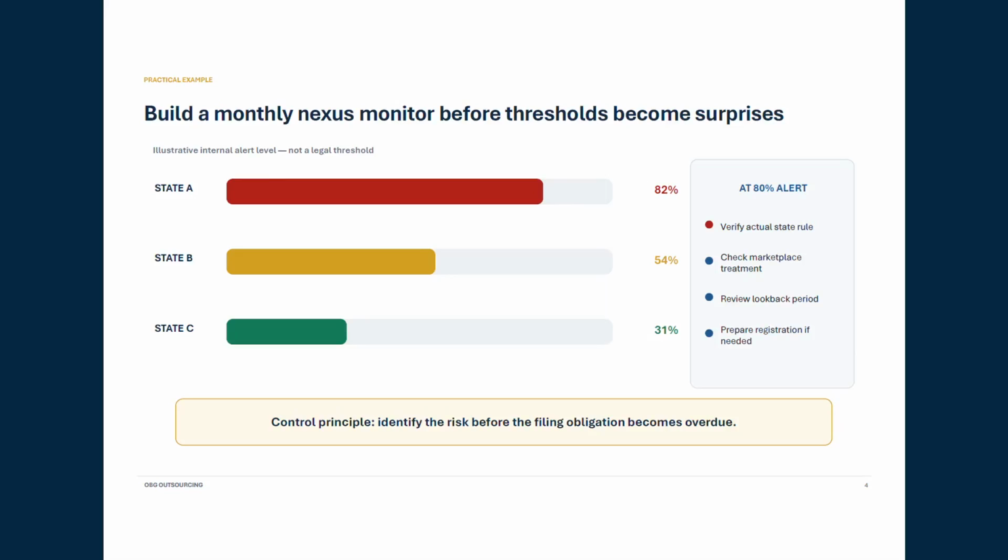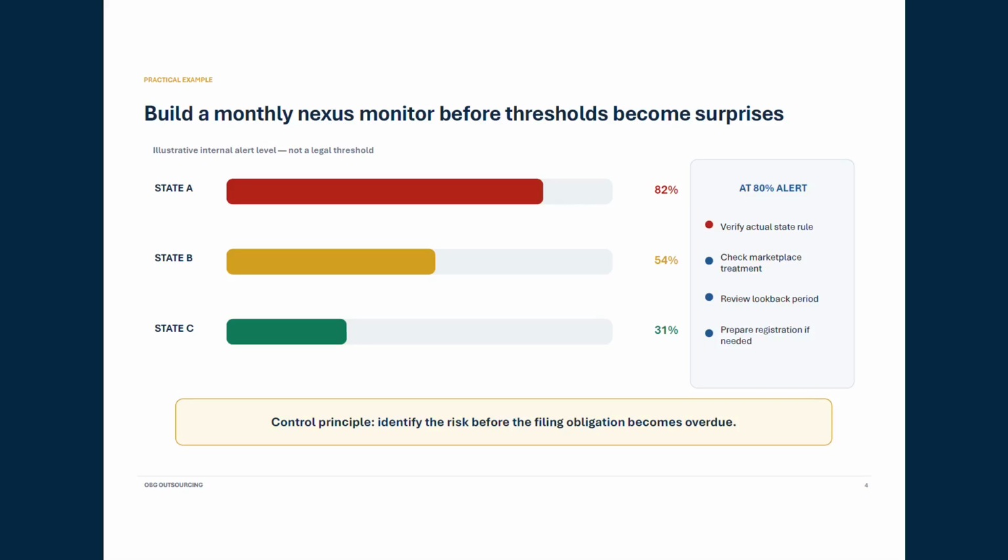Here is a simple example of a monthly nexus monitor. Imagine state A has reached 82% of a company's internal alert level. State B is at 54% and state C is at 31%. These percentages are not legal thresholds. They are simply an internal monitoring example.